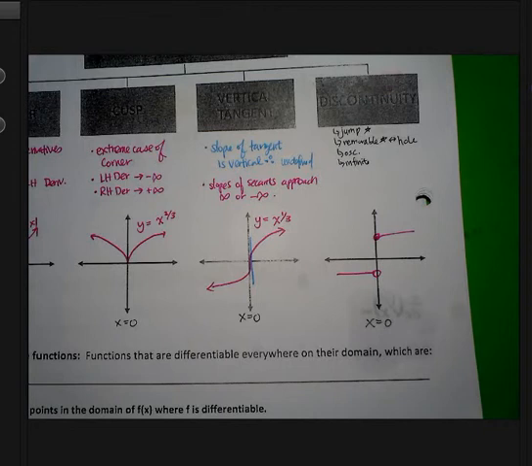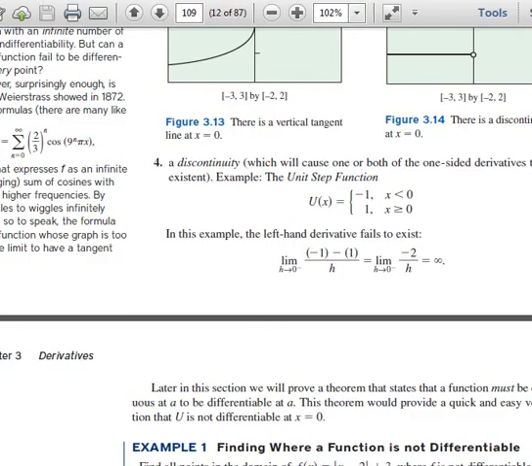Okay, so what can we say? Either the one-sided derivative or both are non-existent.